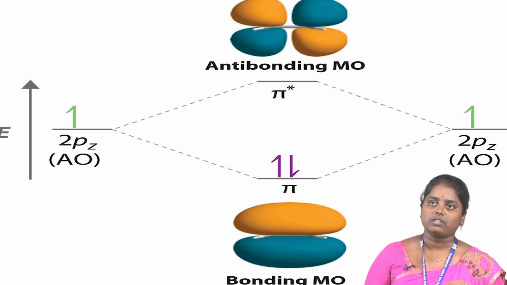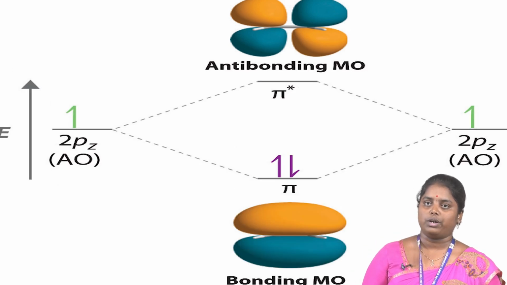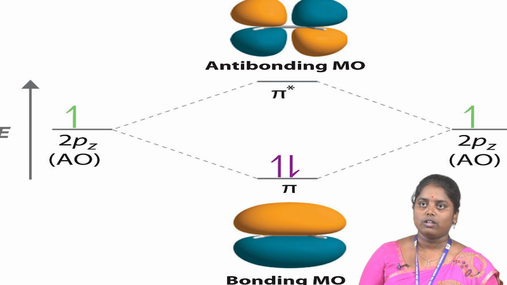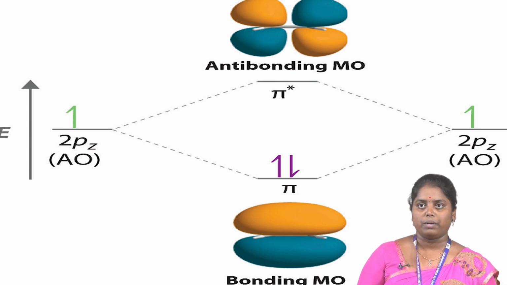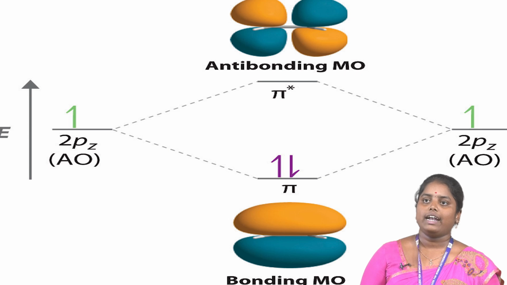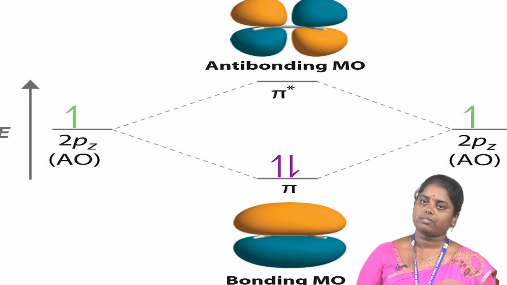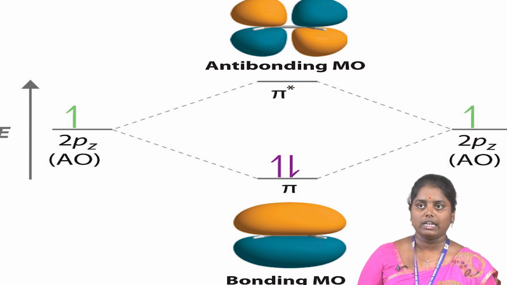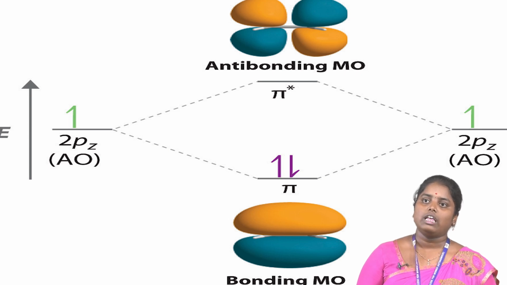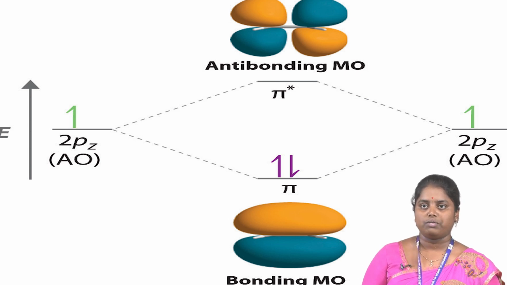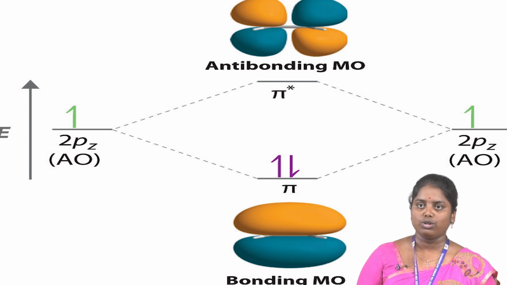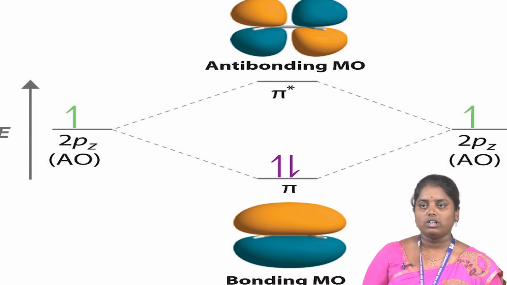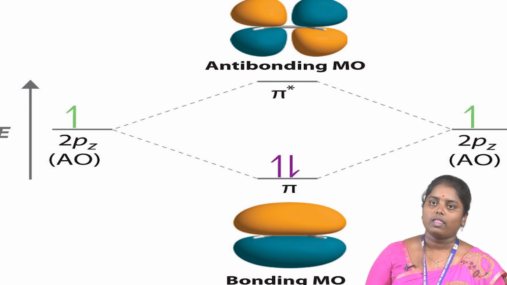The second type is the anti-bonding molecular orbitals. Molecular orbitals formed by the subtractive effect of atomic orbitals are called anti-bonding molecular orbitals. The probability of finding electrons is less in anti-bonding molecular orbitals. There is also a node between the two nuclei in the anti-bonding molecular orbital, where the electron density is 0.